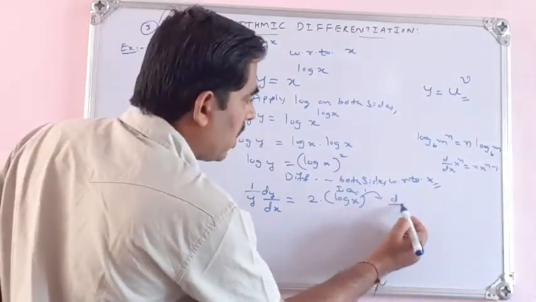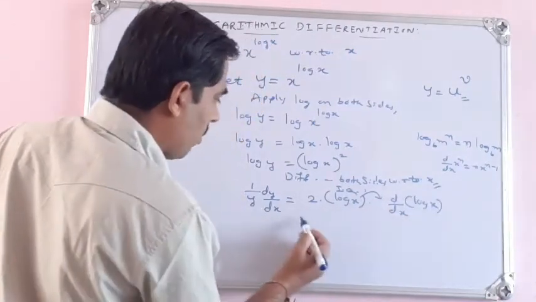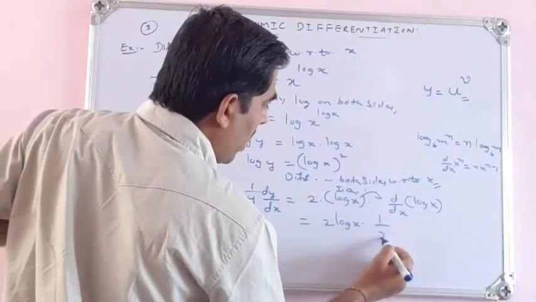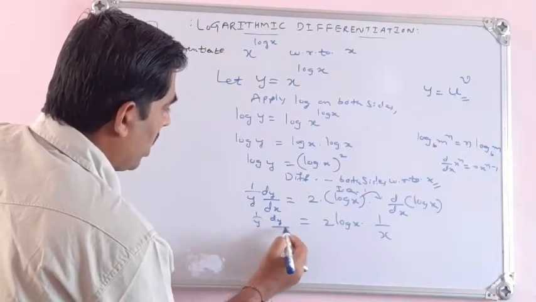So 2 log x into the derivative of log x, which is 1 by x. I can write this as 1 by y into the derivative as it is.